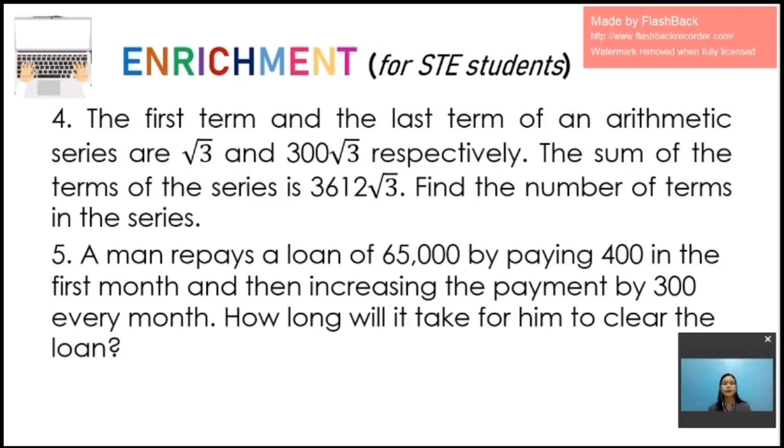Another problem, a man repays a loan of 65,000 by paying 400 in the first month and then increasing the payment by 300 every month. How long will it take for him to clear the loan? So you can just copy, or you can just have a screenshot of these two problems. So there are 5 problems that you have to solve for STE students only.